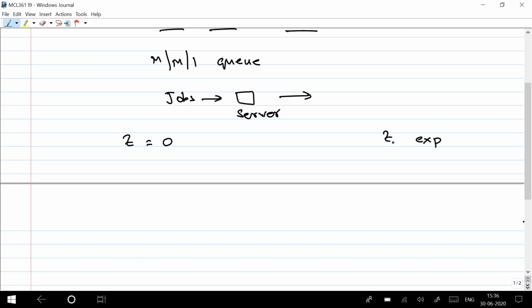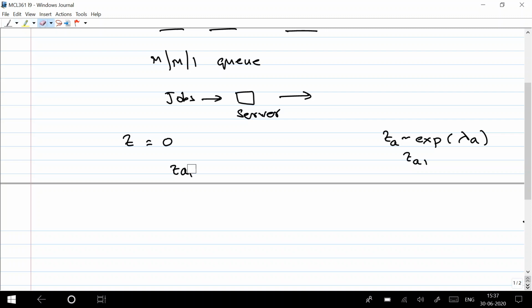I'm going to call this ta, which is exponential of some lambda a. From this distribution you get a single value of the interarrival time. Let's call that ta1. You sample from this, and ta1 becomes the arrival of the first customer. So this event, the arrival of the first customer, occurs at ta1.